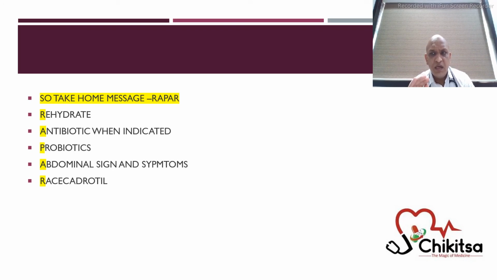Then you look for abdominal signs and symptoms. If there is tenderness, you get an ultrasound and refer the patient for indoor management. You can add the anti-secretory agent, that is racecadotril. So it will go with the acronym WRAPPER: rehydrate, antibiotics when indicated, probiotics, abdominal signs and symptoms, and racecadotril. So this is about your normal diarrhea management.